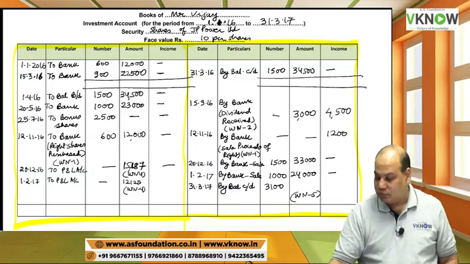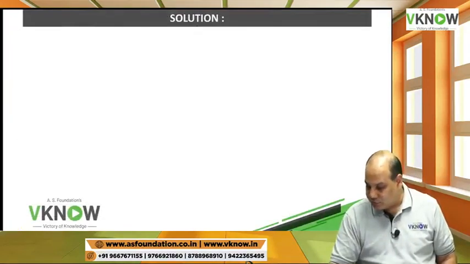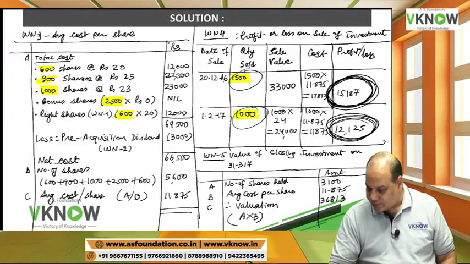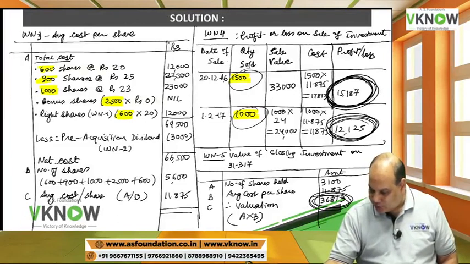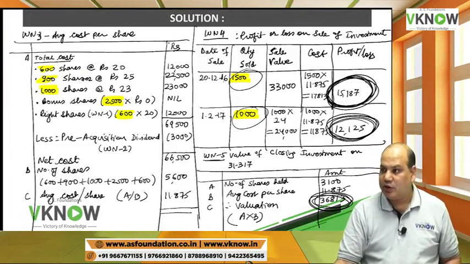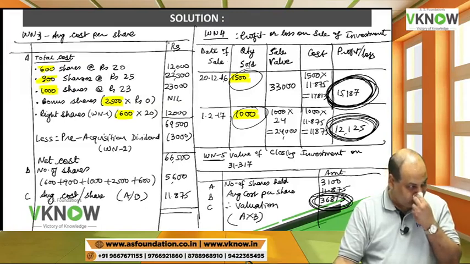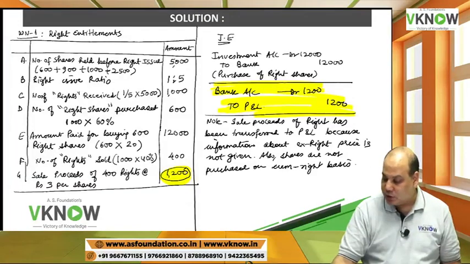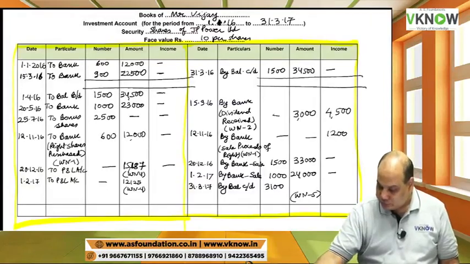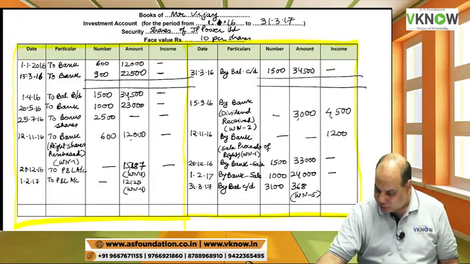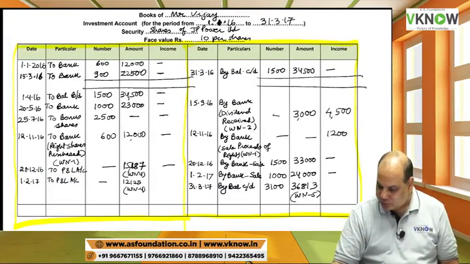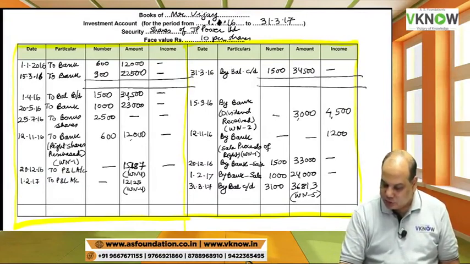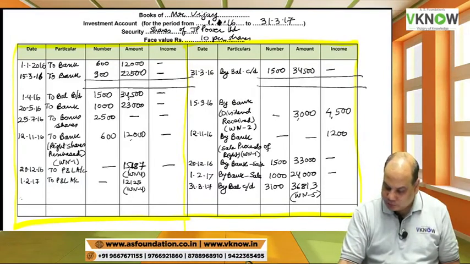Let me check how much that is: 36813, working note 5. And now we will close the income column.